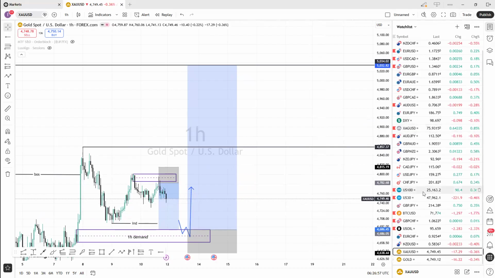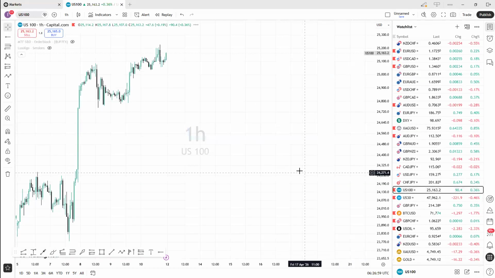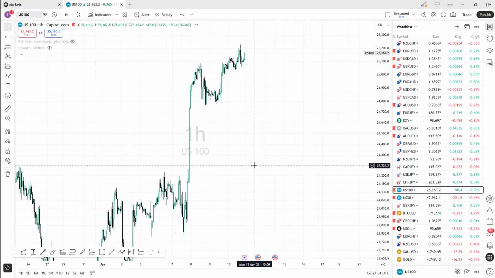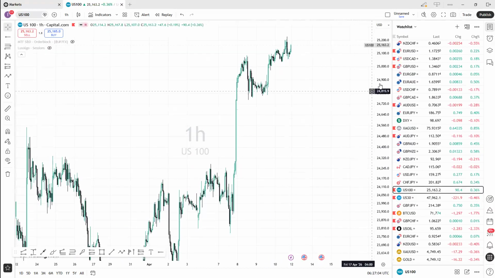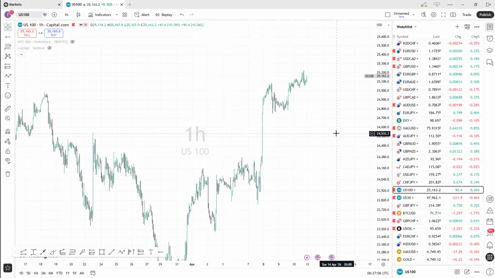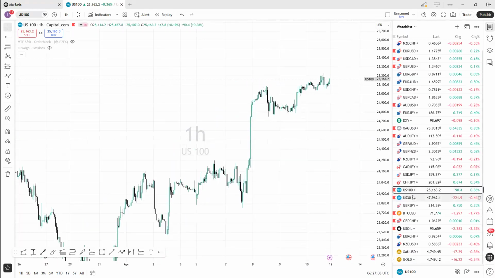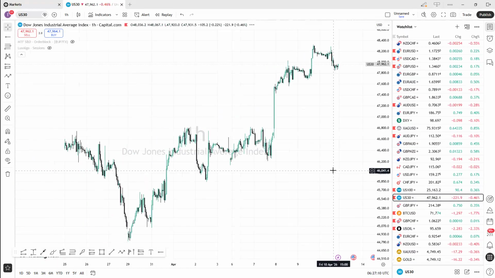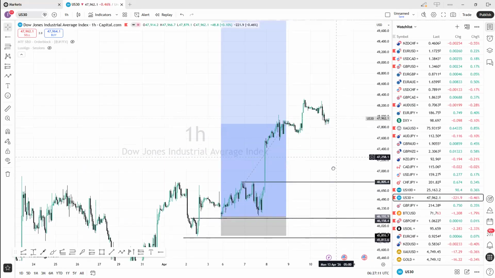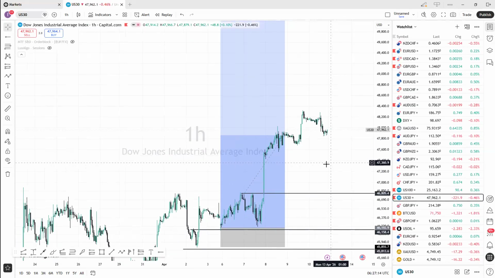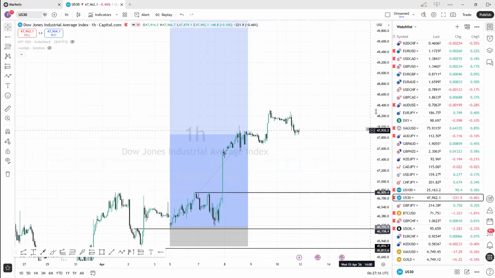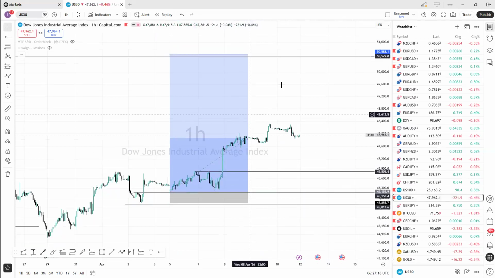Let's see US 100, Nasdaq. Last week, Nasdaq and US 30, we saw a buy. We took a buy from that area.